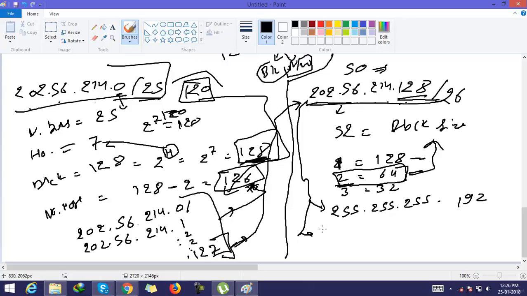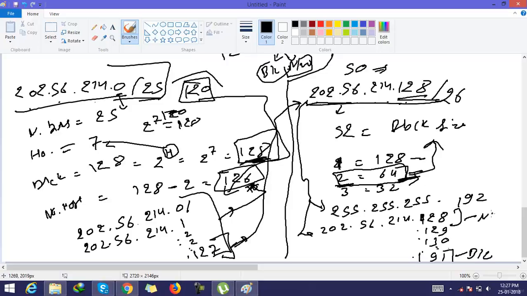The network ID for this network is 202.56.214.128. The next IP is 129, then 130, and so on till 191, because the block size is 64. 191 is the broadcast ID, this is the network ID, and this is our subnet mask.